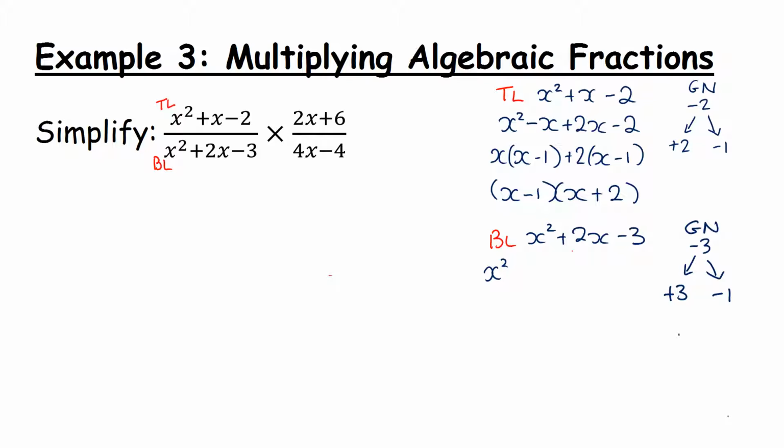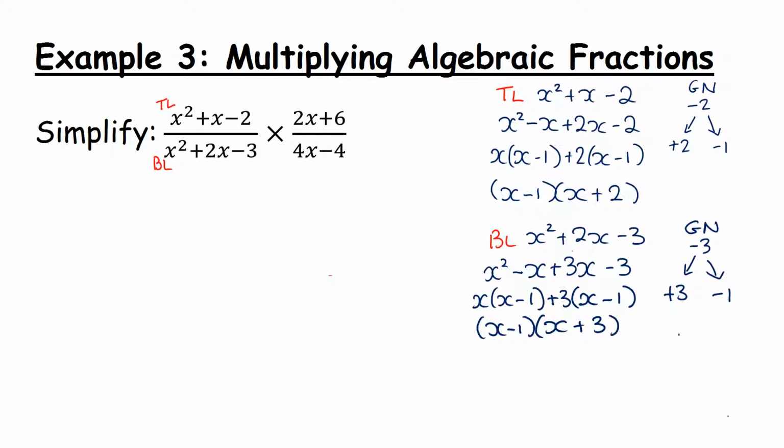So we'll have x squared minus x plus 3x minus 3. We'll take out the x in the first instance and a plus 3 in the second one. And our check again is, are my brackets the same? Yes, they are, which is great. And then I'm left with an x plus 3 here.